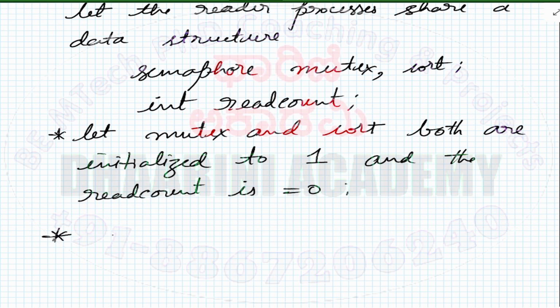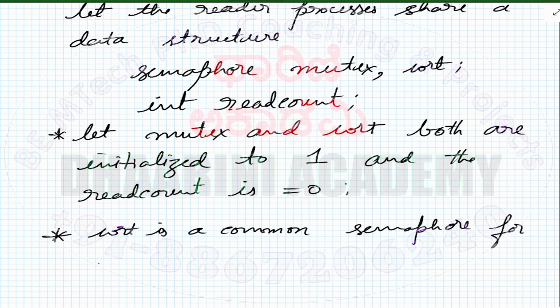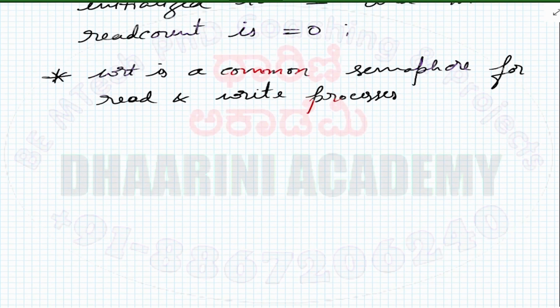So let's define that now. The WRT is a common semaphore for read and write processes. That's the first thing. And we provide another feature here, that is mutex. So one is WRT, one more is mutex.